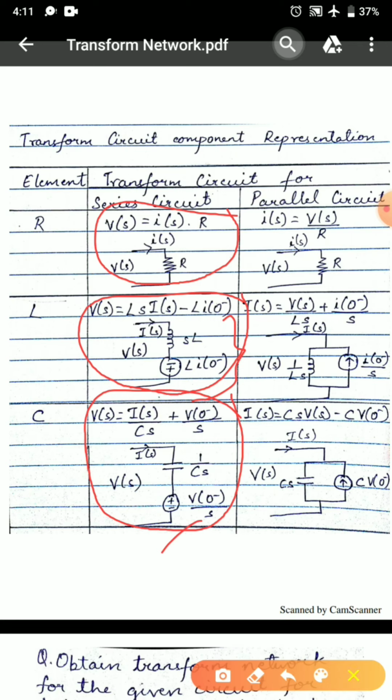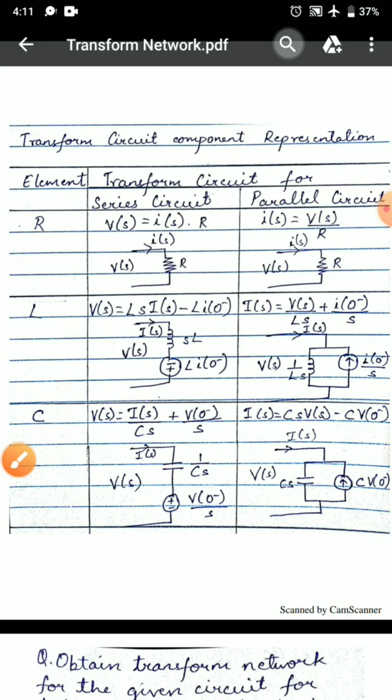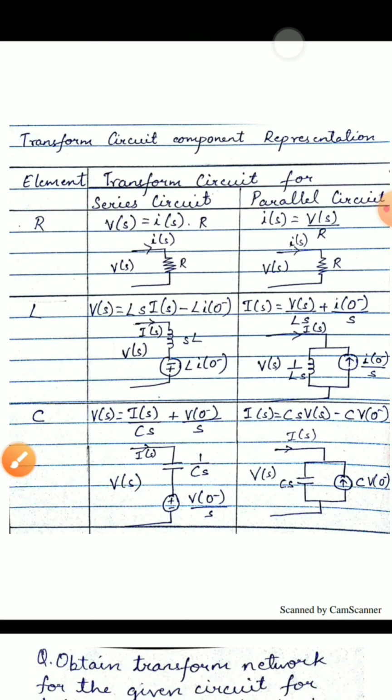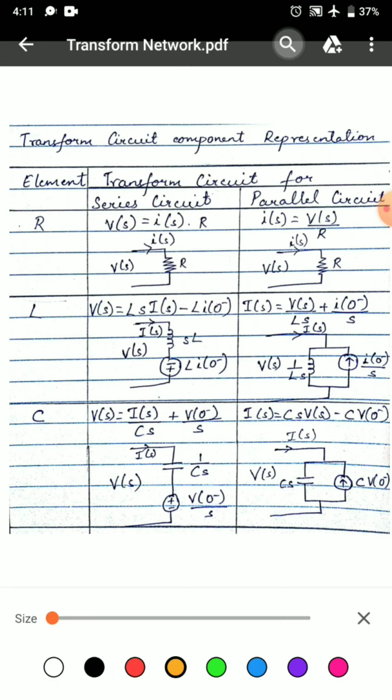When we have R, L, C connected in parallel, then for the element specified, a resistor can be represented as V of S upon R. For an inductor, the equation can be given as I of S is equal to V of S upon Ls plus I of 0 minus upon S, with the equivalent circuit shown here.